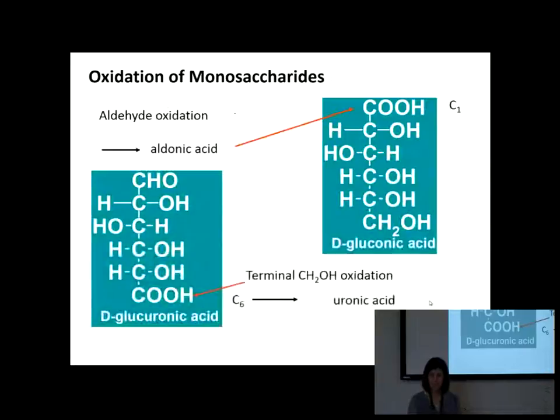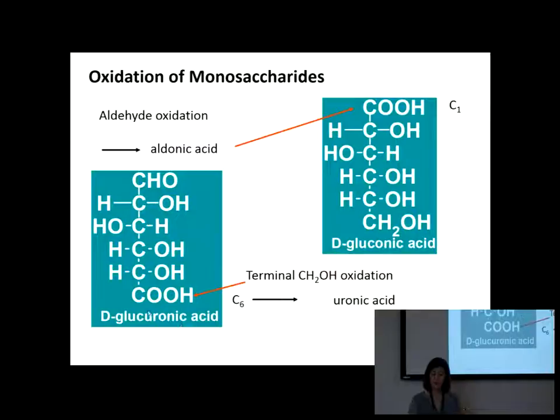So let's go over that again. Here we have glucose, and this is normally the aldehyde in carbon number 1. What we've done is made it an acid. That's an oxidation, going from an aldehyde to an acid, and we call it an aldonic acid when we've taken a monosaccharide and oxidized the top carbon, carbon number 1.